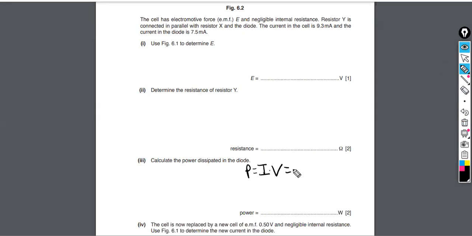So the current that went through the diode was the 7.5 milliamps, or the 0.0075 amps of current, times the voltage across that one, which was 0.6 volts. 0.0075 times 0.6 gives us 0.0045 watts. So 4.5 by 10 to the negative 3 watts.